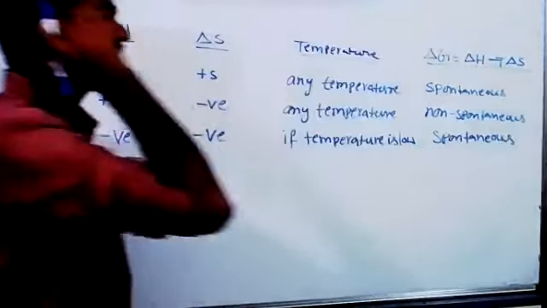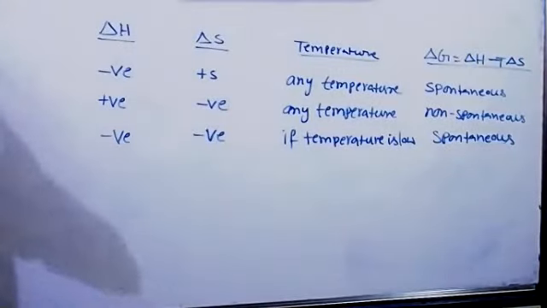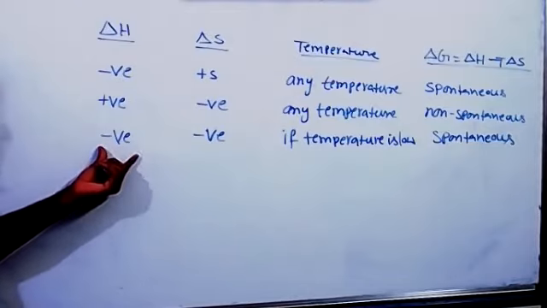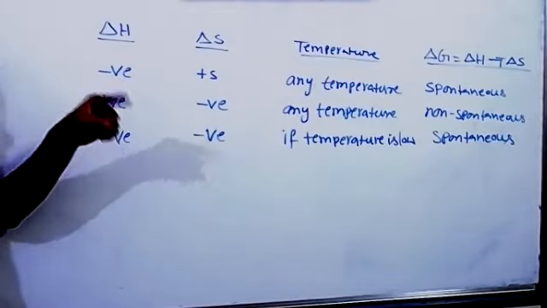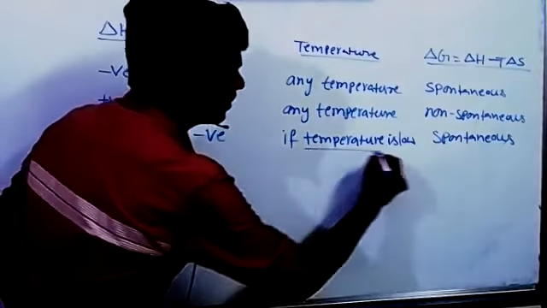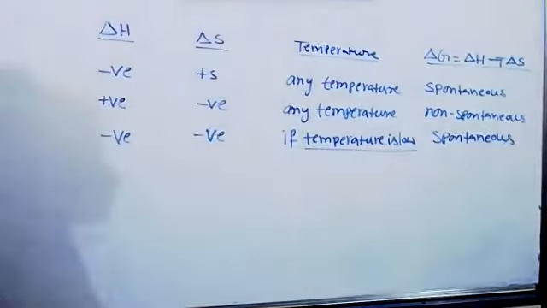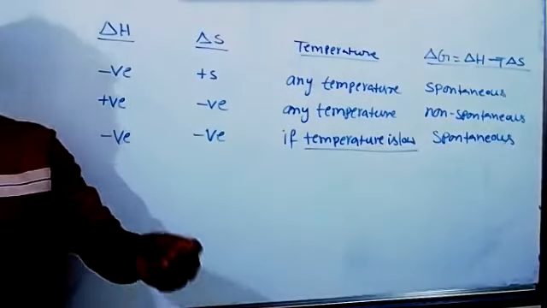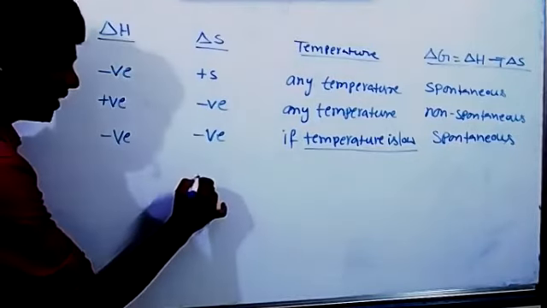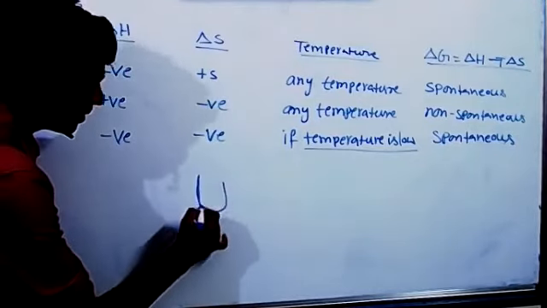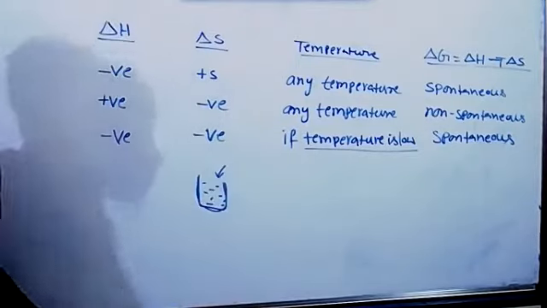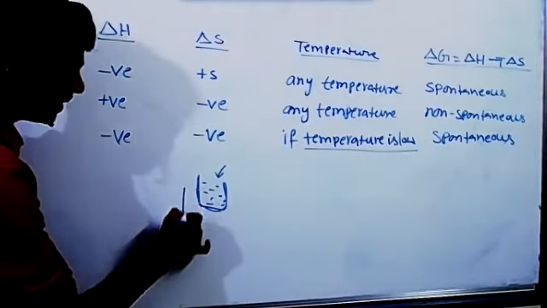One point to think about carefully here: delta H is negative means it is an exothermic process, right? An exothermic process becomes spontaneous at low temperature only. That's why, for any exothermic process, for example while making dilute H2SO4, we take water in a big beaker and add H2SO4 drop by drop, and it is better to maintain an ice bath.